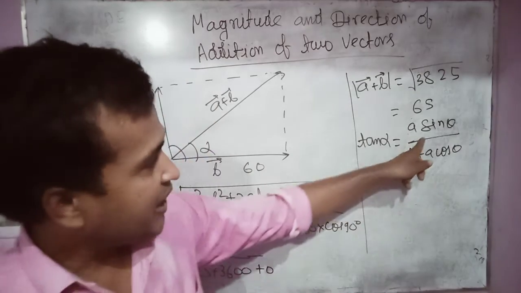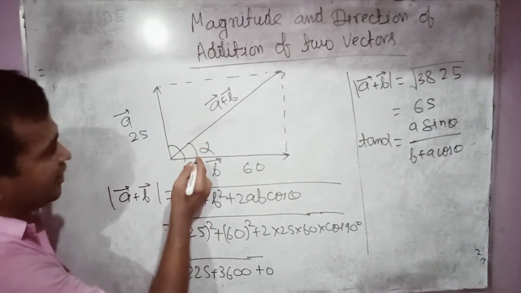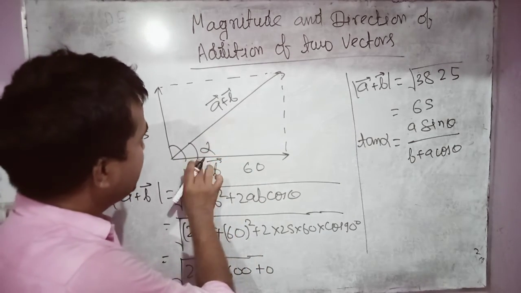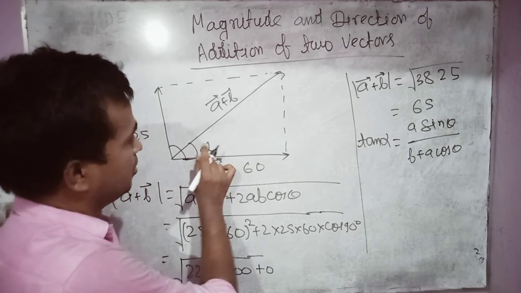One thing to remember, we have to write sin theta or cos theta with the vector with which the angle alpha is not formed.